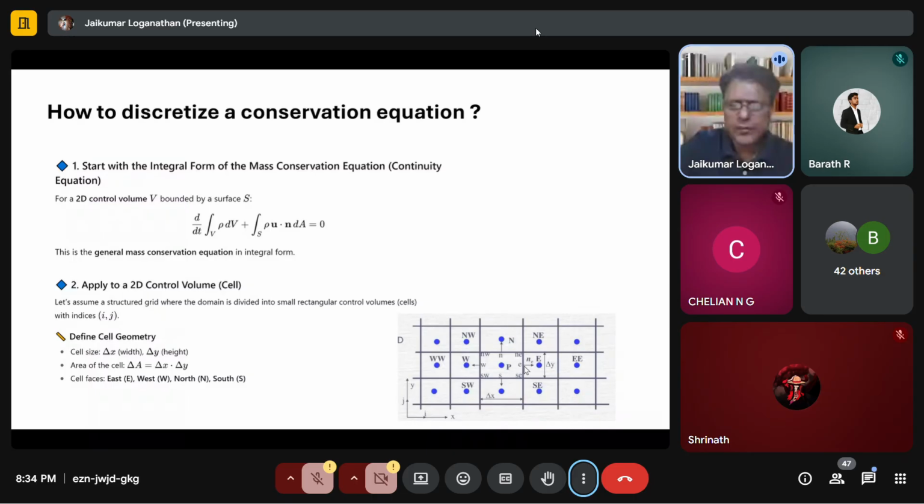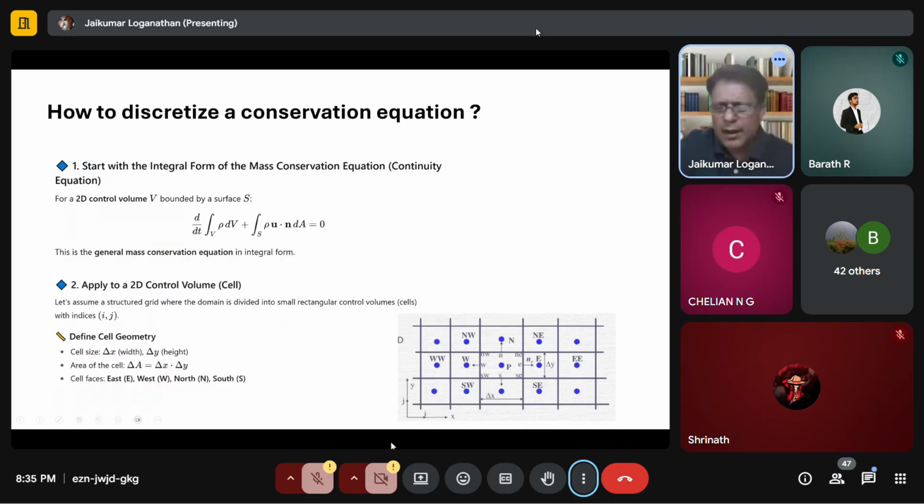So we can consider this volume, which has delta x as one dimension and delta y as the other, and you can consider that delta z is equal to 1. If you want to compute the volume, this will be delta x into delta y into delta z, but z is nothing but 1. So it is nothing but delta x into delta y. That is the area of the cell, or the volume of the cell, you can say.